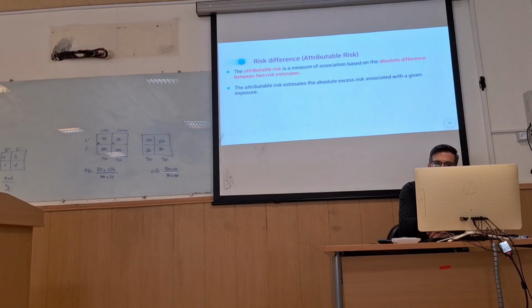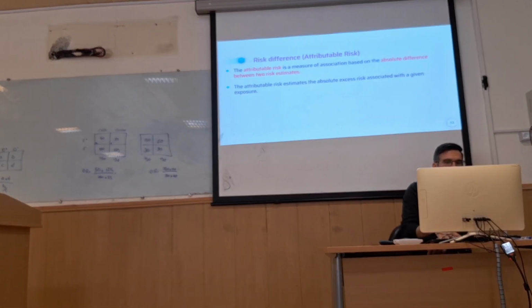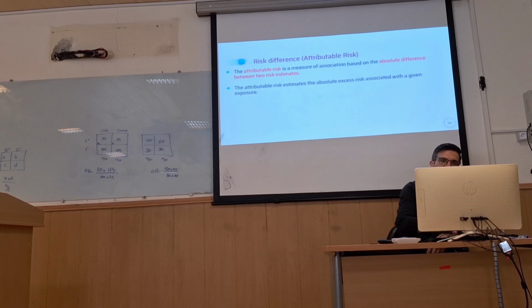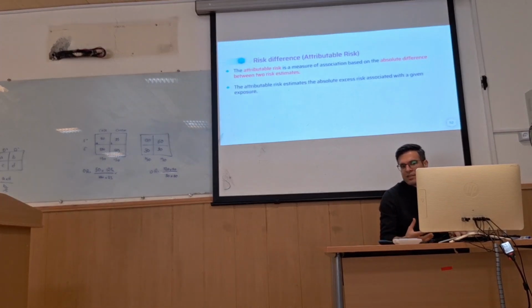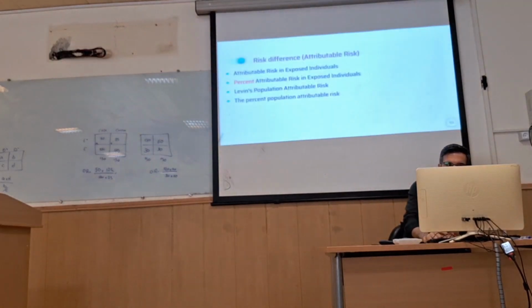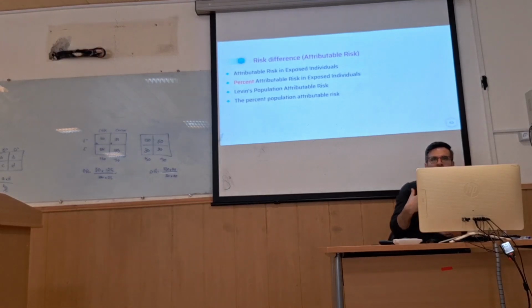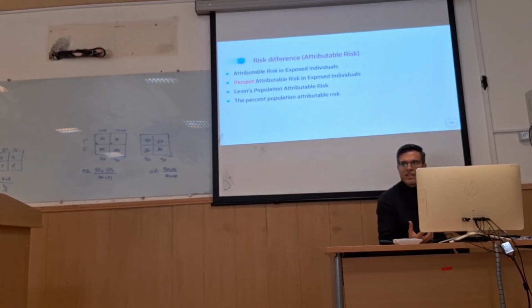For example, you want to answer this question: how much of the coronary heart disease risk experienced by a smoker can be attributed to smoking? For answering this question, you can use the risk difference approach, and we can calculate risk difference, attributable risk, percent attributable risk, population attributable risk, and percent population attributable risk.